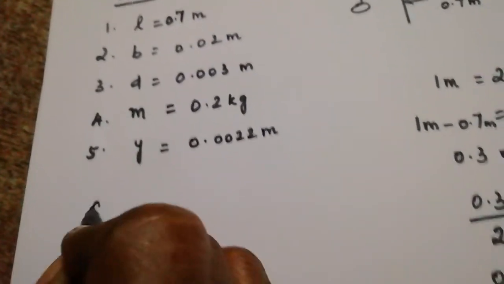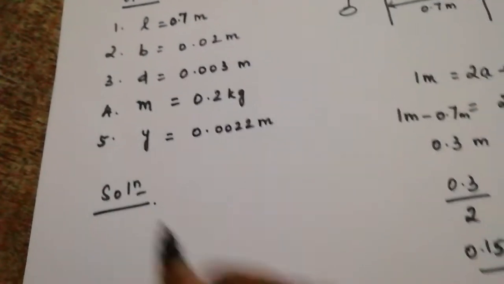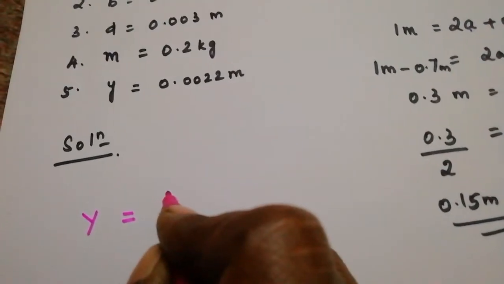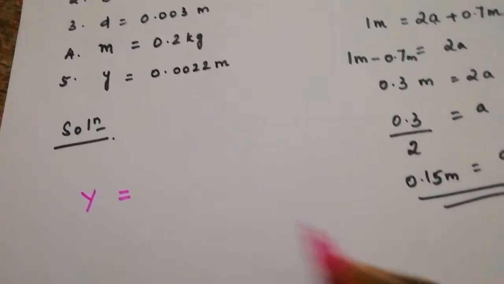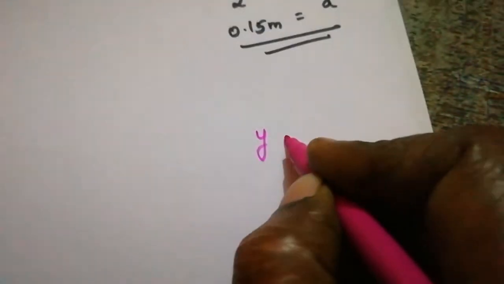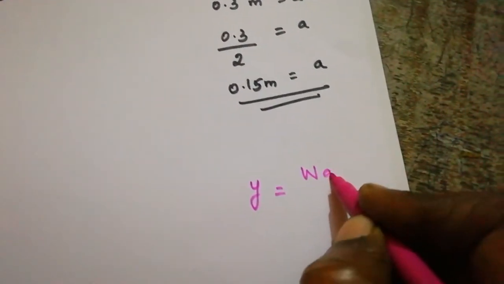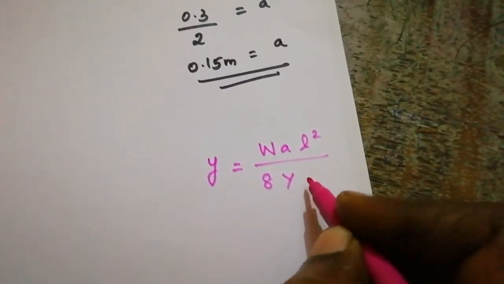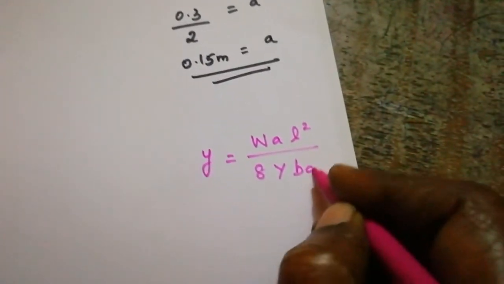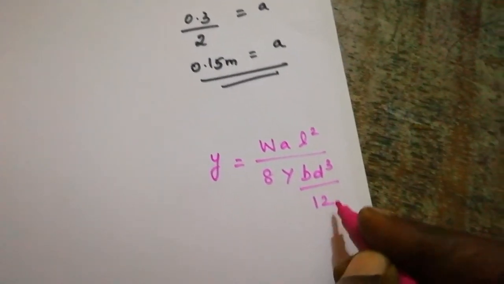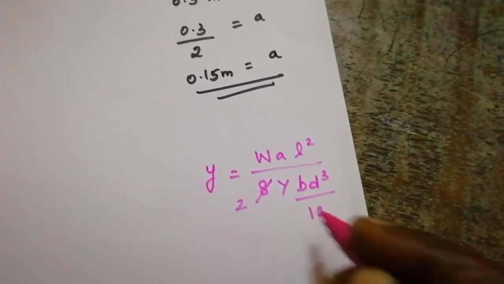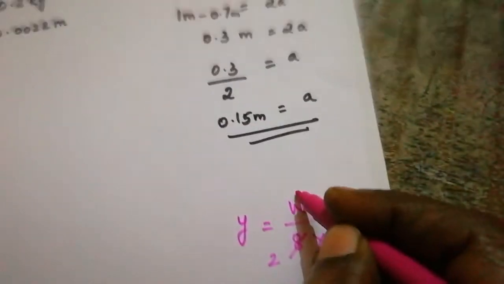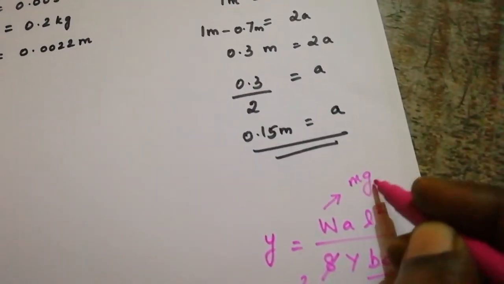Therefore, the solution: Young's modulus Y is equal to, the general formula for finding the depression is y is equal to W a L square by 8 Y I g. The geometrical moment of inertia I should be replaced by b d cube by 12, 8 into 12 is 3 times 2, and then W should be replaced by M into g.